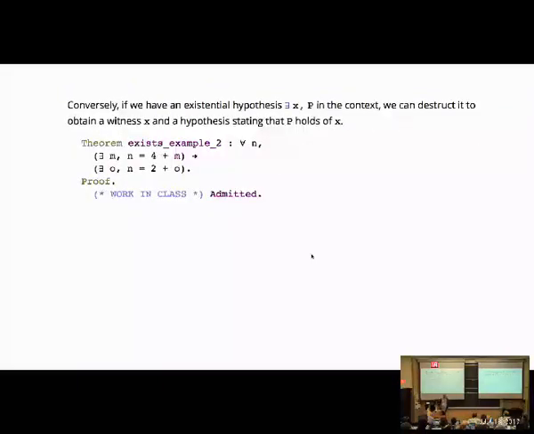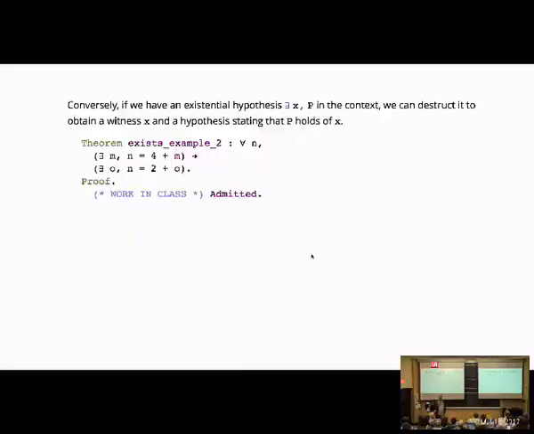And then conversely, if we have an existential, how are we going to get juice out of it? Well, what juice would we get? We would get the witness. We would get the value of the n such that blah blah.